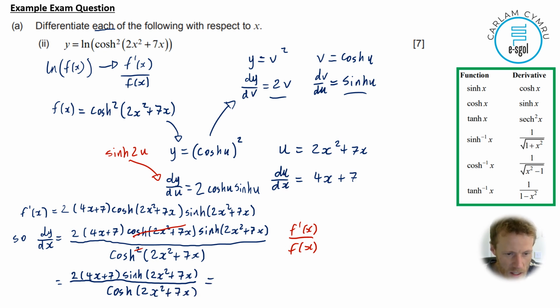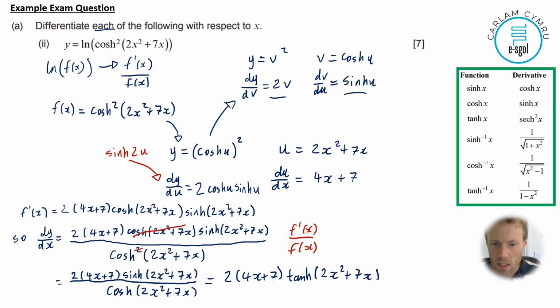And then I can see that this sinh over the cosh, maybe this would be nicer if I wrote it like this, 2 bracket 4x plus 7 times hyperbolic tan of 2x squared plus 7x.